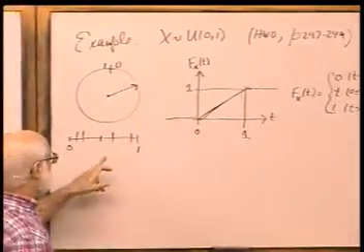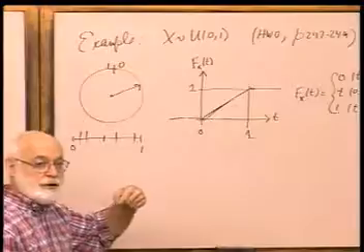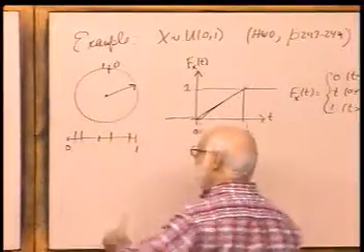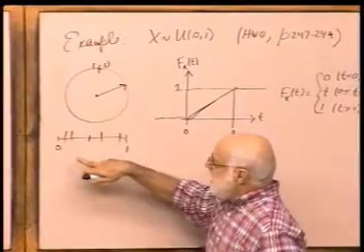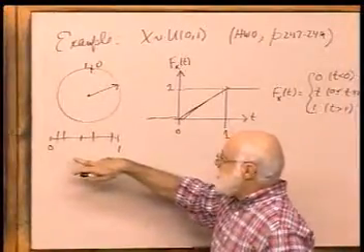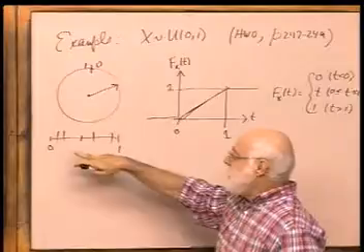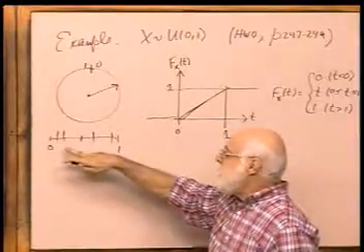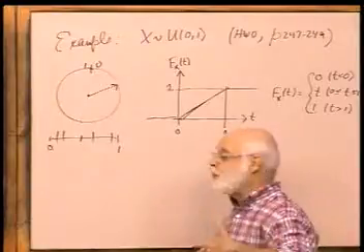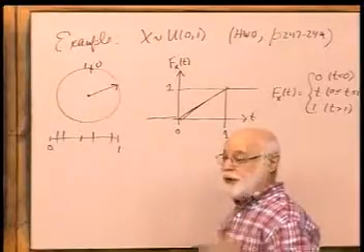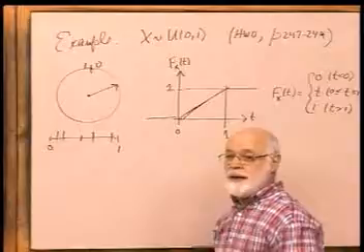Although the probability at any specific point is 0, because after all, if they're all equally likely, and their probabilities have to sum to 1, then if they were equal to any non-zero number, and I added up an infinite number of non-zero equal numbers, of course I couldn't get a finite value.